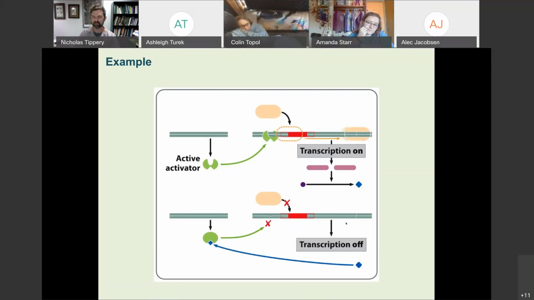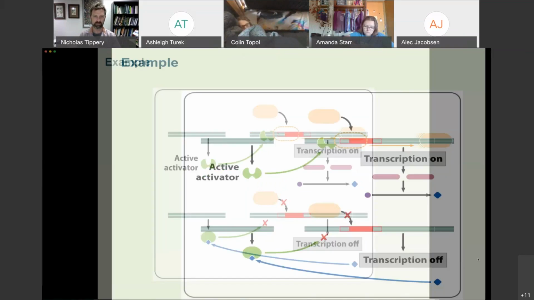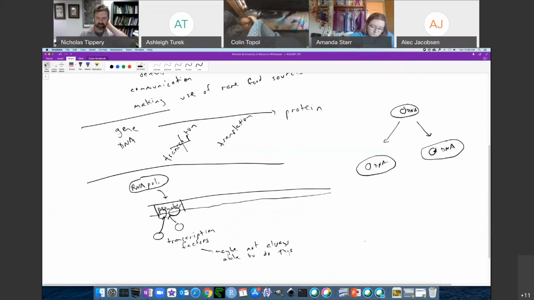And here we've got this on-off situation. So we're going to see a few versions of this where genes are on, genes are off. And this is one way that transcription can be turned on or off, is through the action of an activator. And the activator is a form of transcription factor.